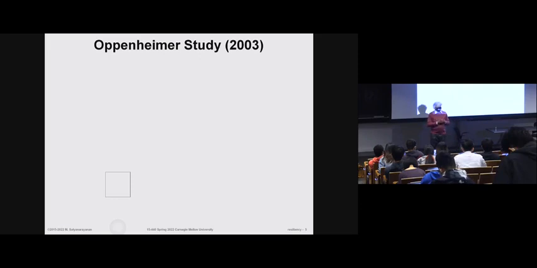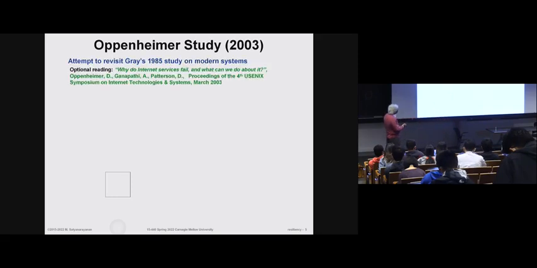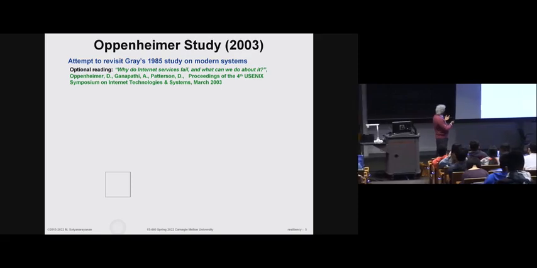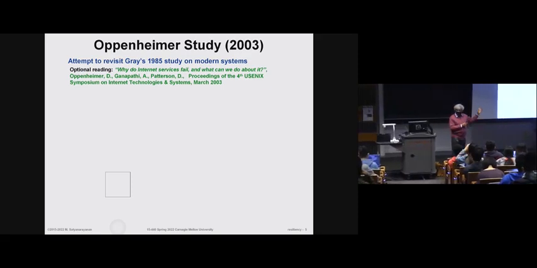Why don't we try to redo this kind of study in a modern internet setting? We wonder, with the pattern of failures, what would they look like? Now, you can't exactly replicate the study, obviously, but this paper is also in your optional readings, so feel free to go look at the details.